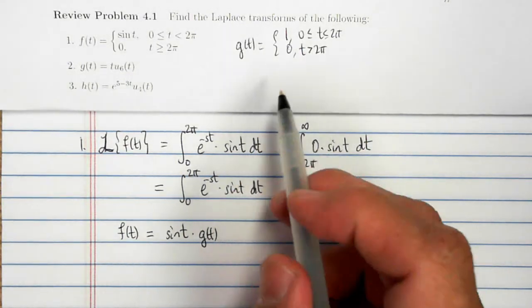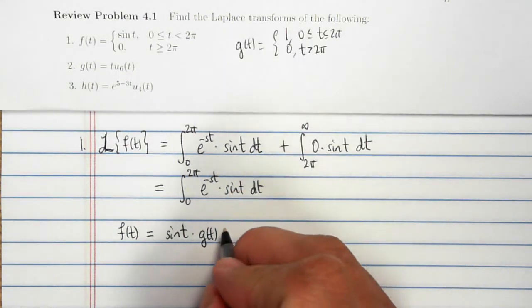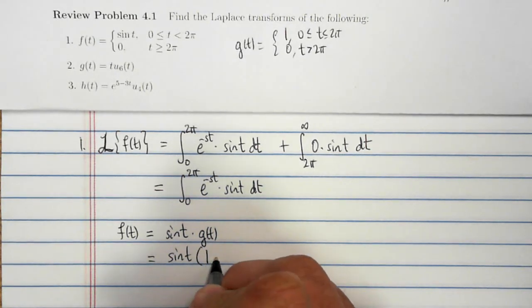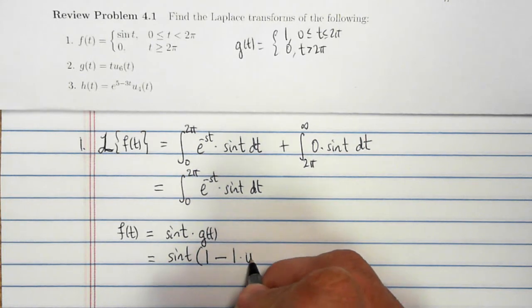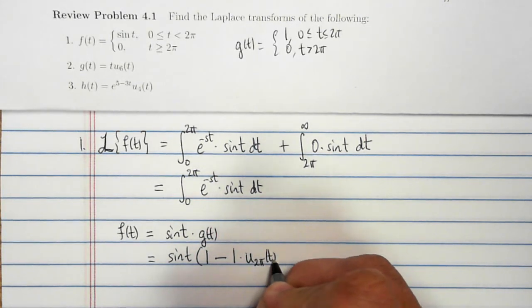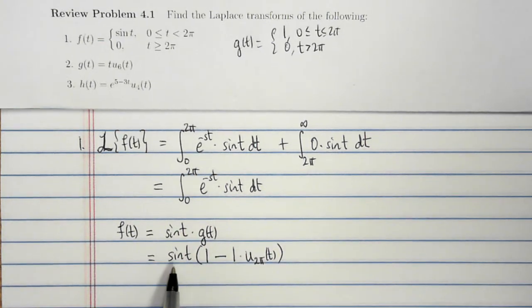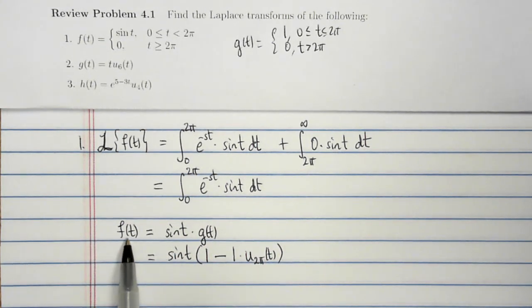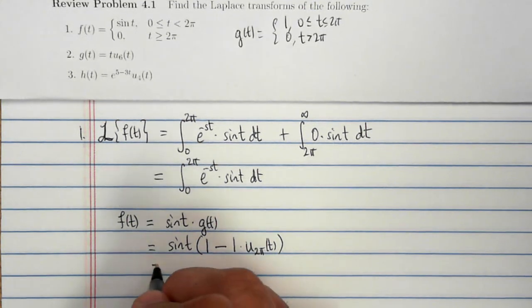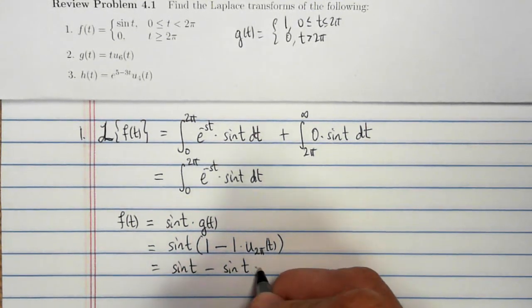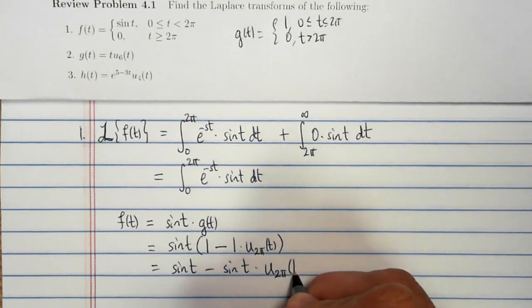For this function, it starts off at 1, and then at time 2 pi, I take a step down of size 1, and then it stays at that level thereafter. And so I can simply write the function f of t as sine of t minus sine of t times u of 2 pi of t.